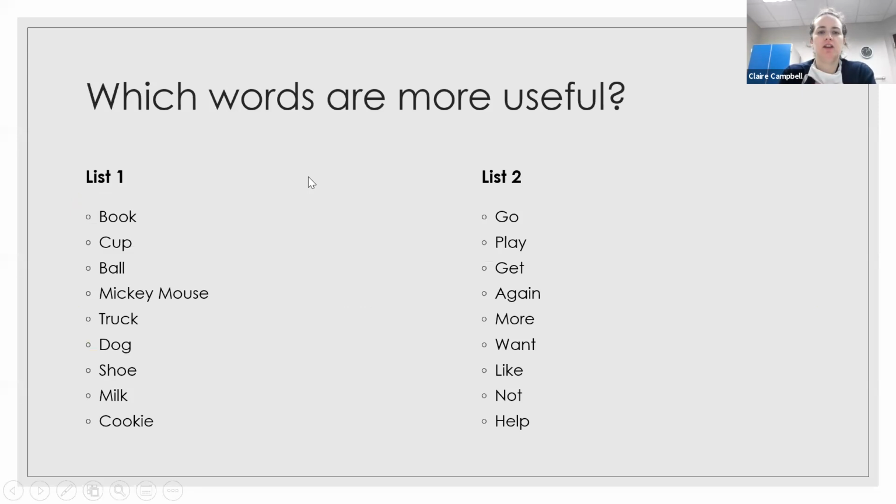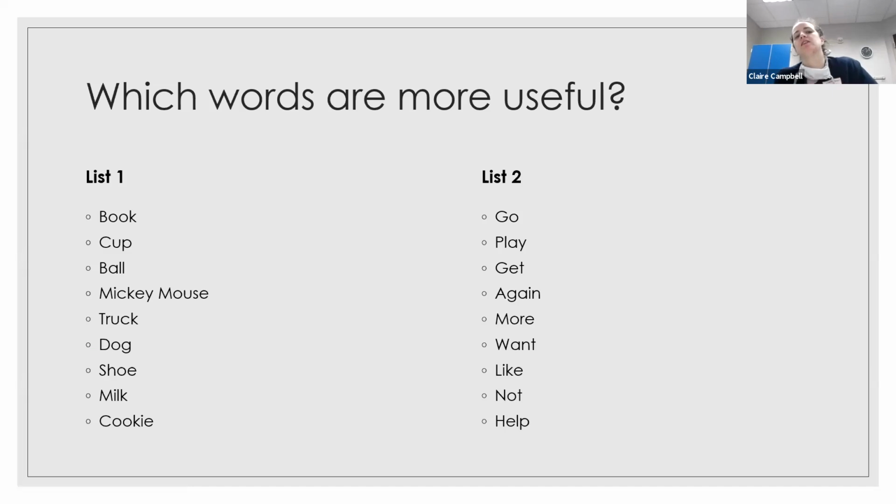If we take a look at these two lists of words, take a minute to look through the list on the left, list 1, and the list on the right, list 2, and think about which words are going to be most useful to you at school, at home, talking with your friends, going on vacation, going out to lunch.